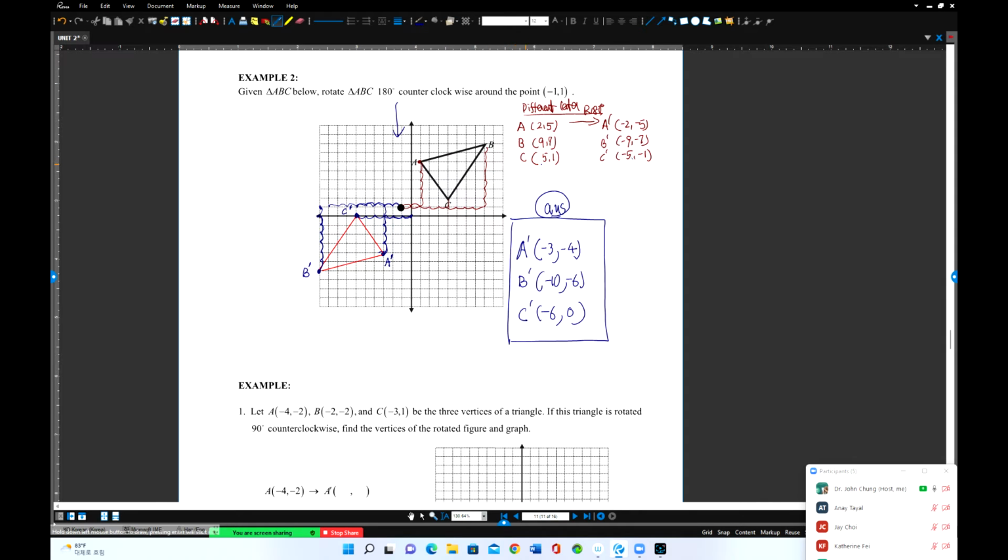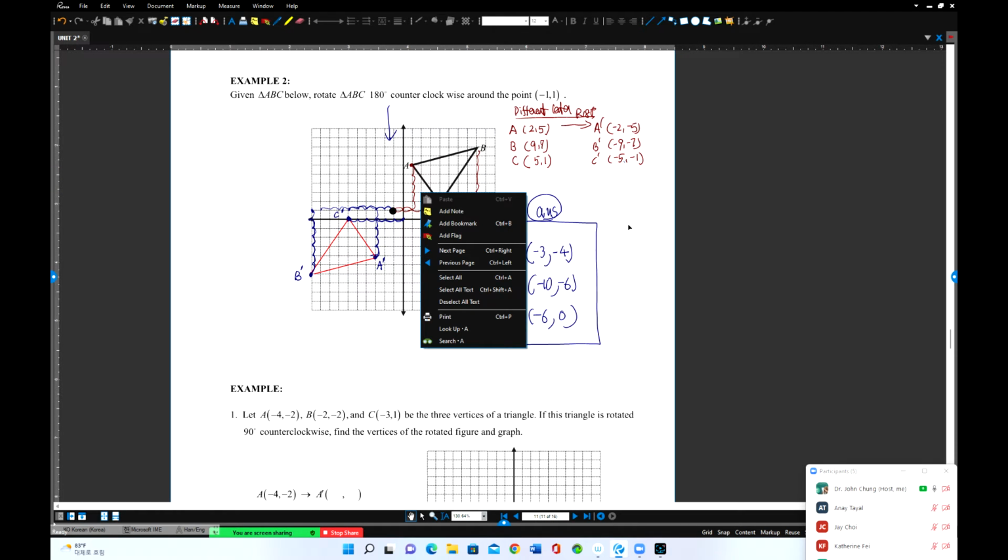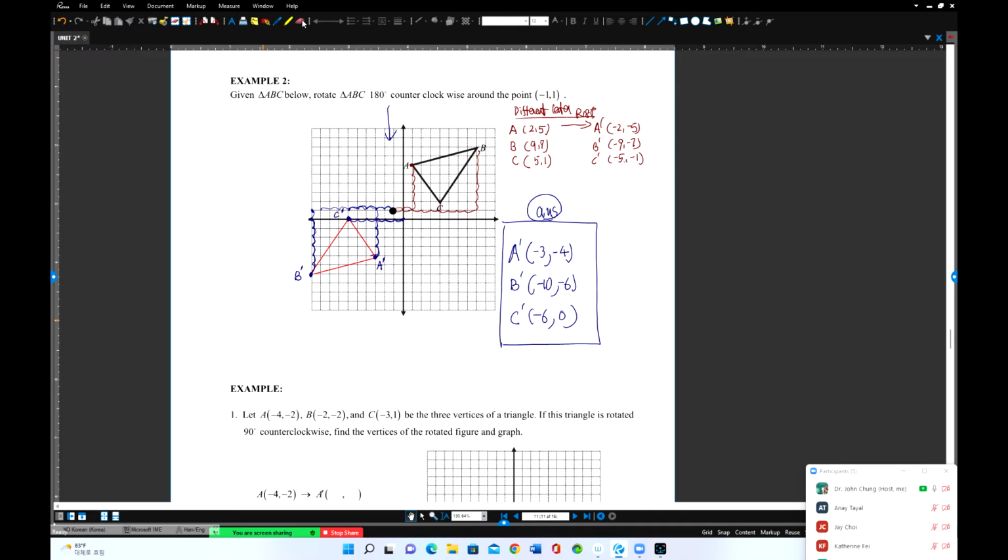Okay, now another one. When you have a 180-degree rotation, I'm going to give you another way. You make a line from your center to the point. The other point, A prime, is on the opposite side. So where is the point? You have to count.